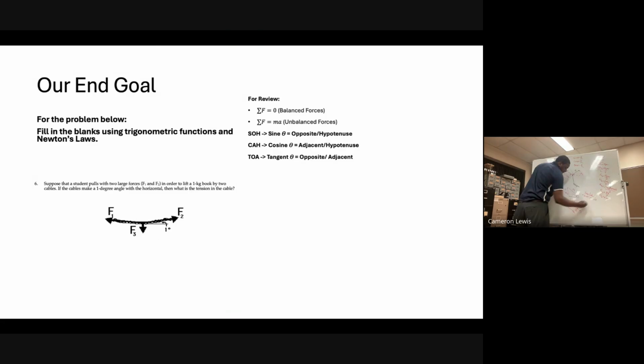So literally just divide 4.9 by sine of 1, and you'll get the tension: 280.8. So about 281, right? So the tension in the wire is 281 newtons.